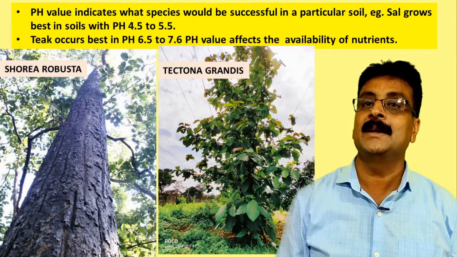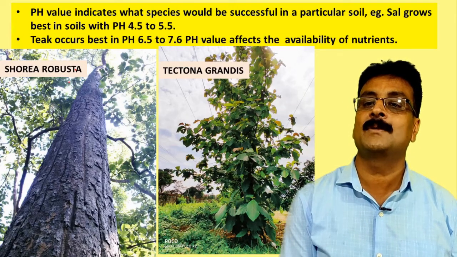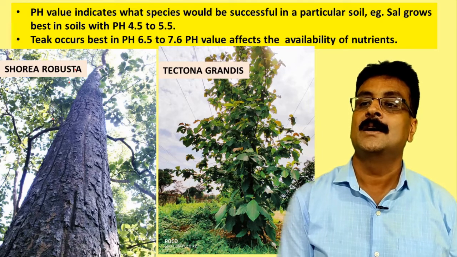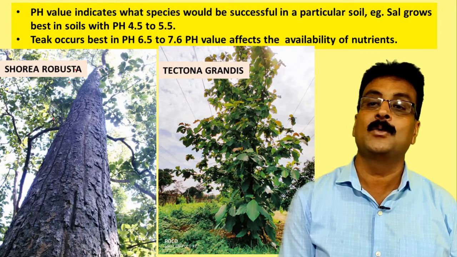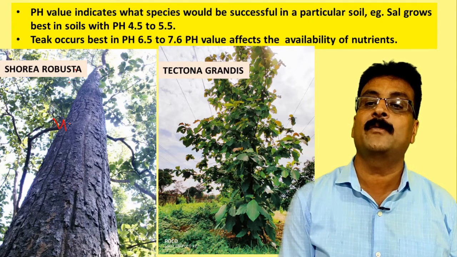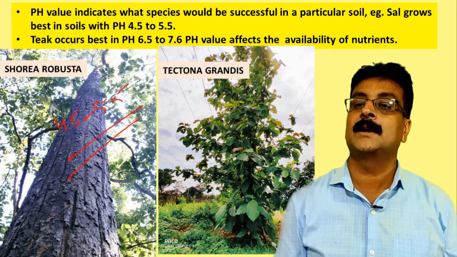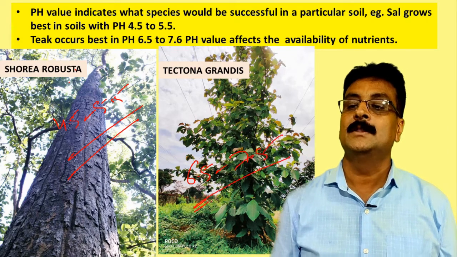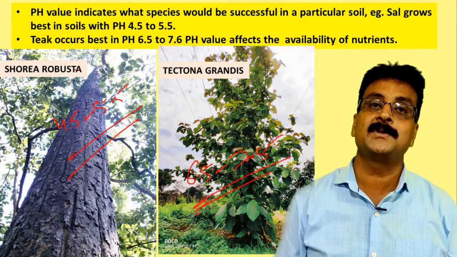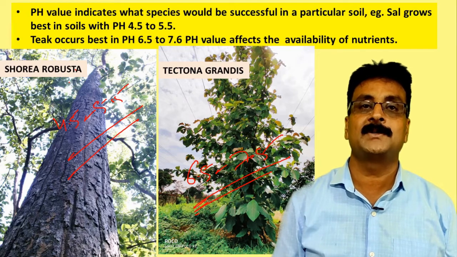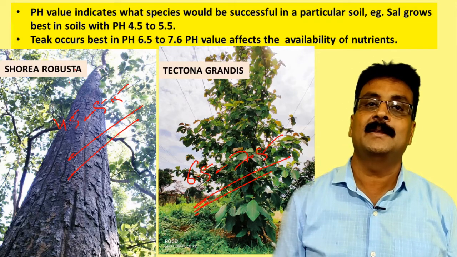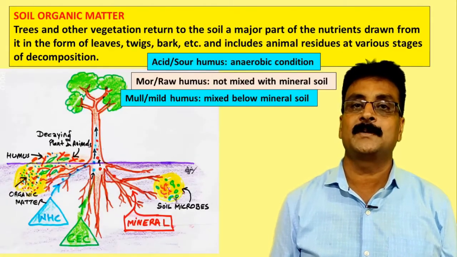So we can see the pH. This is Shorea robusta; it grows best in pH from 4.5 to 5.5, and Tectona grandis occurs from 6.5 to 7.5. So pH also determines the distribution of the species and their liking.